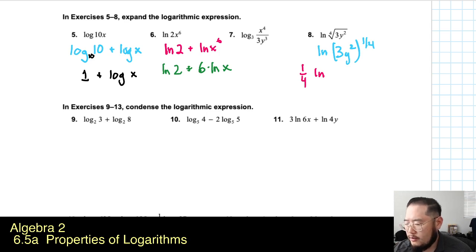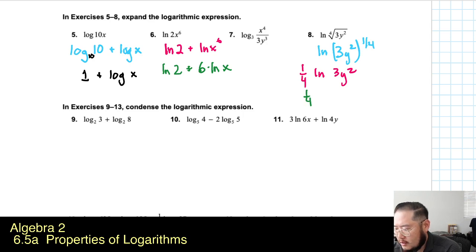Now, let's go ahead, since we could use the product property, 3 times y squared, let's go ahead and do that right here. And let's change this. We have 1/4, and then I now have ln. And let's use different colors here to kind of maybe make things a little clearer for you. ln of 3, and then plus ln y to the second.